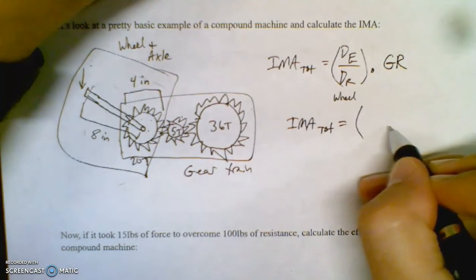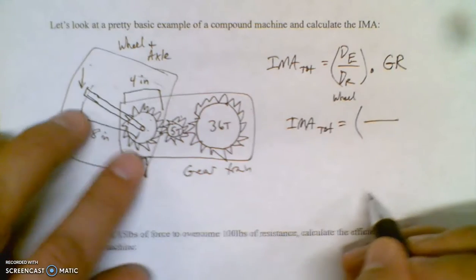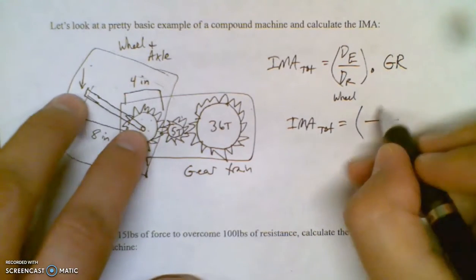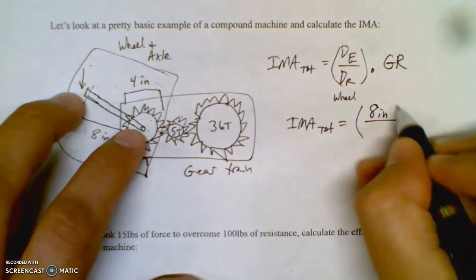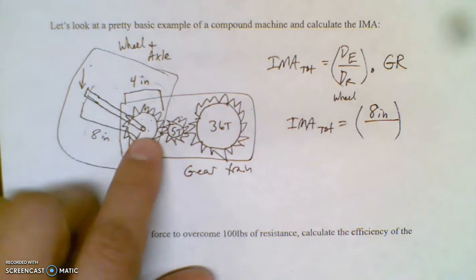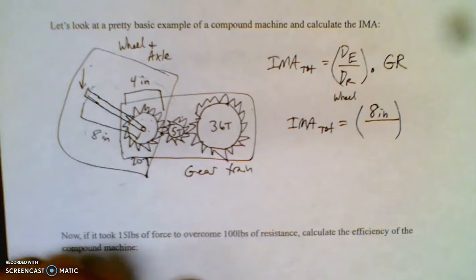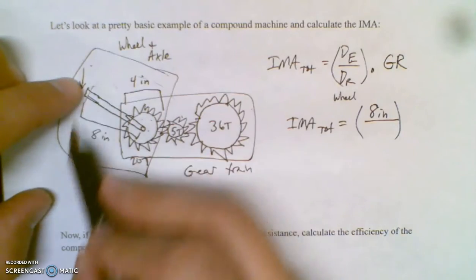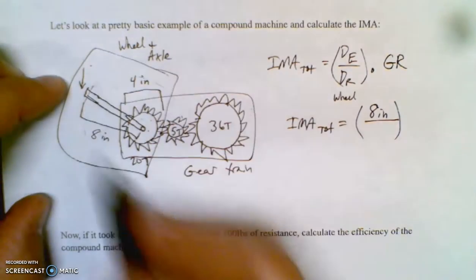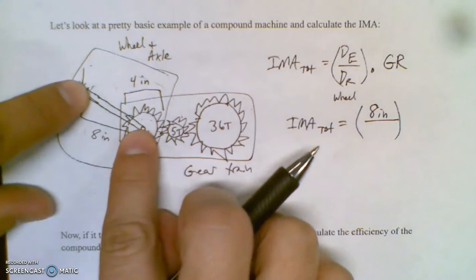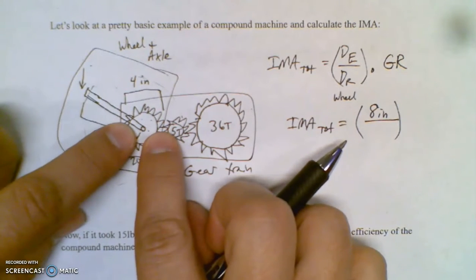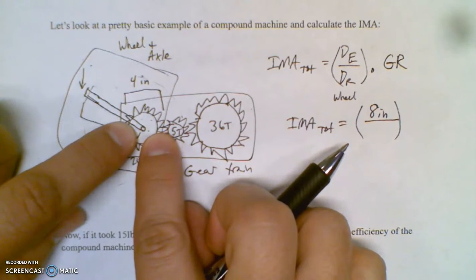I put a trick question in here. DE is not hard. You're like, oh, my effort would be here. I'd pull down on this crank, which is an 8-inch distance. Then on DR, most people want to say 4, but 4 is a trap because, remember how I said, imagine this thing spinning around and around? The 8 inches is a radius. What's the 4 inches? The 4 inches is the diameter of your resistance.